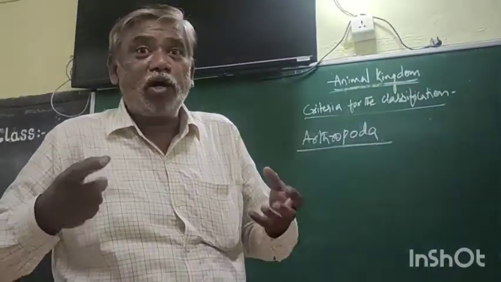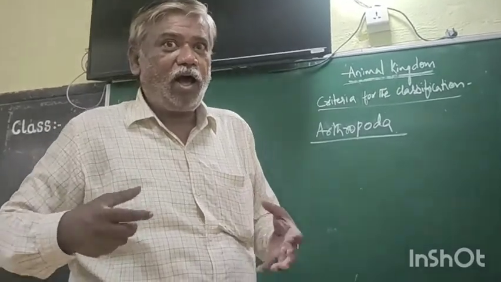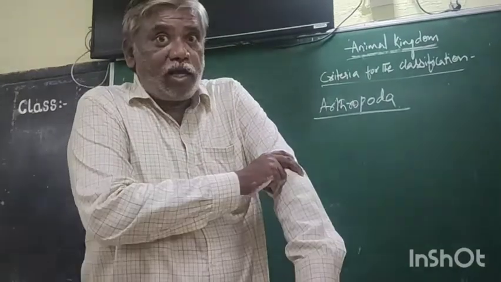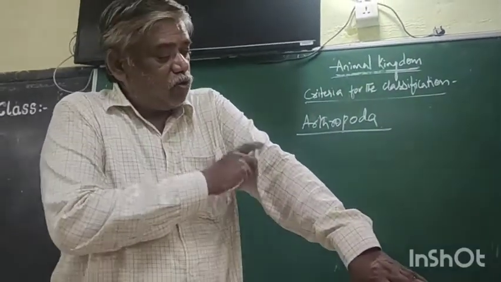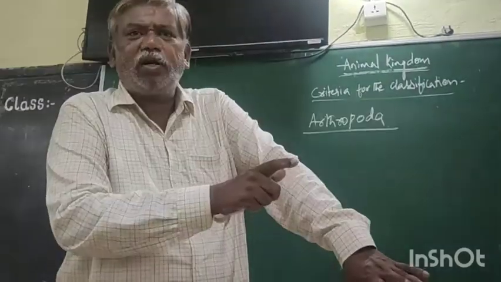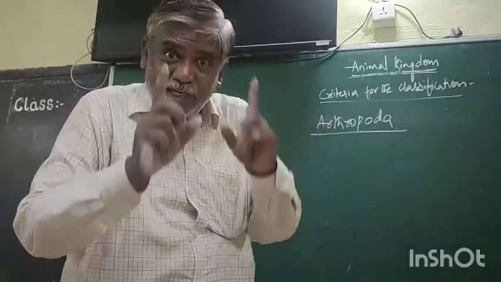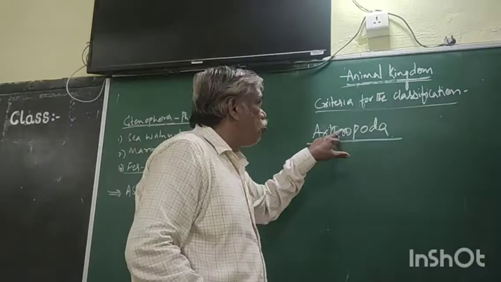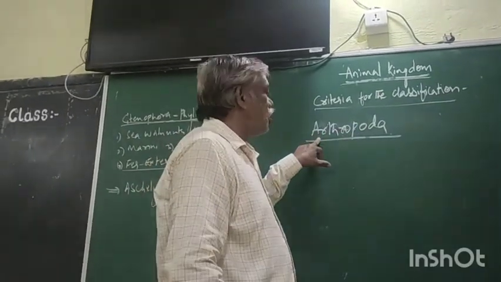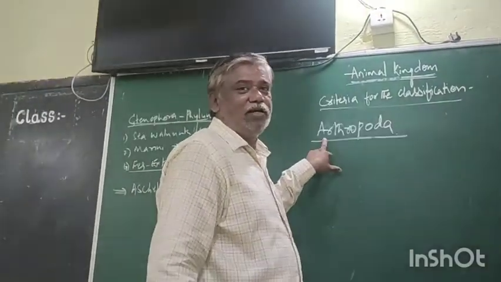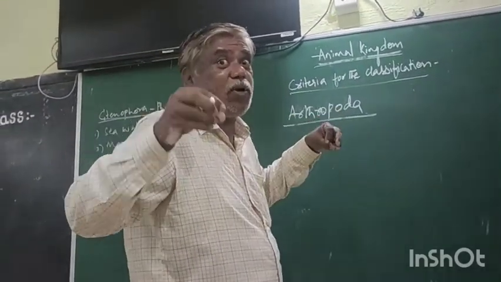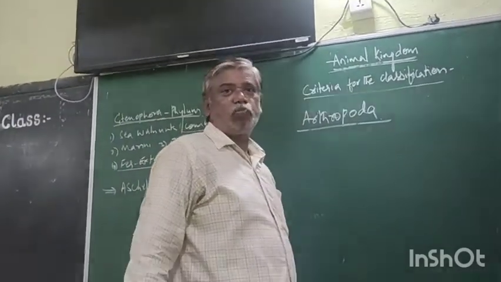This is one of the benefits for our body functioning. If the joint is not there, this forelimb is straight forever. We cannot fold it. Arthropoda: arthro means joint. The animals that first have jointed legs, appendages, are called Arthropoda.